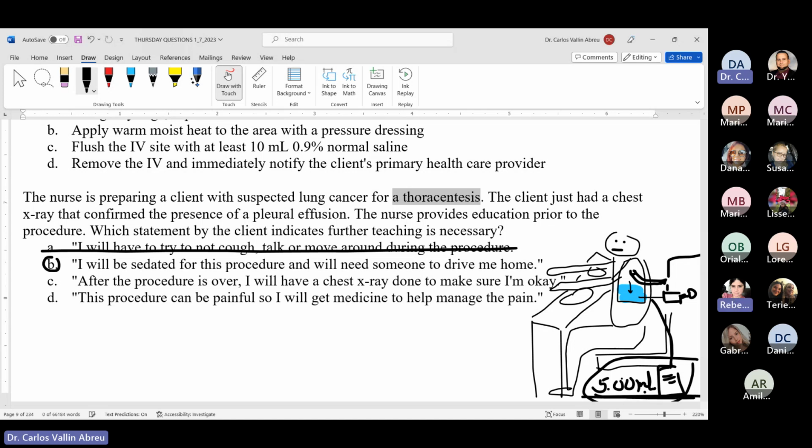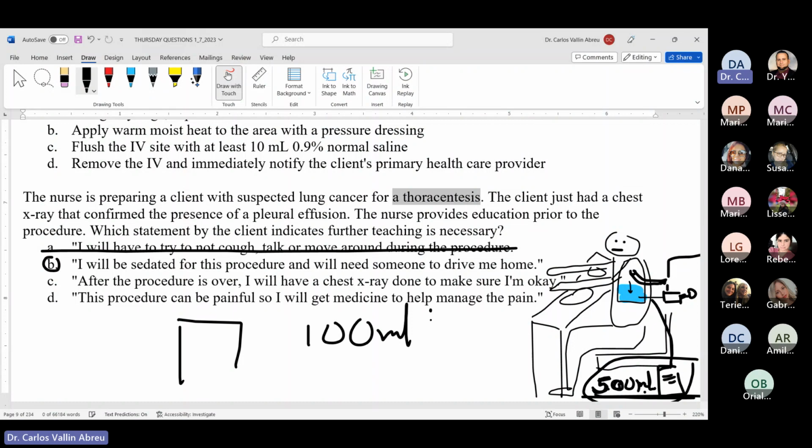But after the patient receives the procedure, the nurse can be worried if seeing more than 150, for example, in the drainage bag? No, this is another situation. It's 100 milliliters per hour in the closed chest tube drainage.